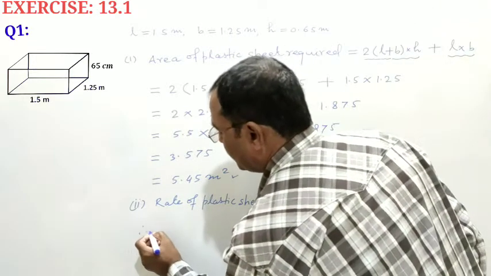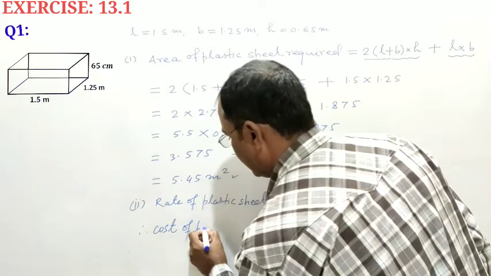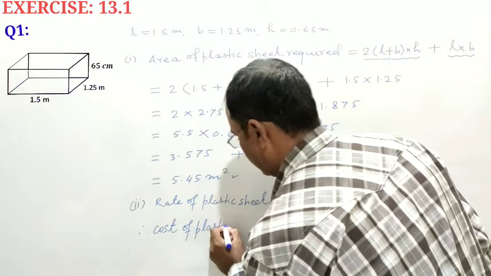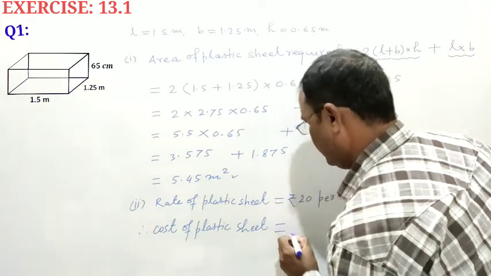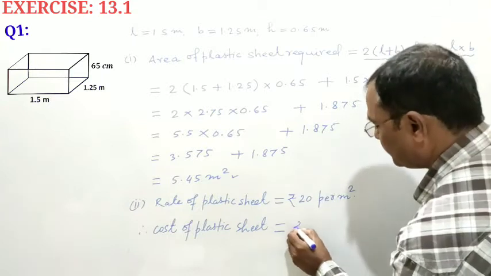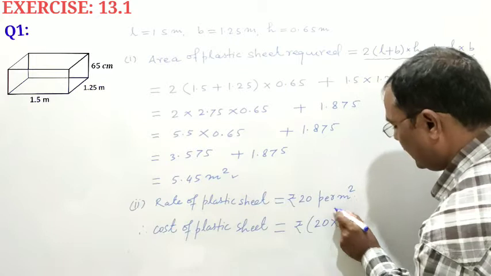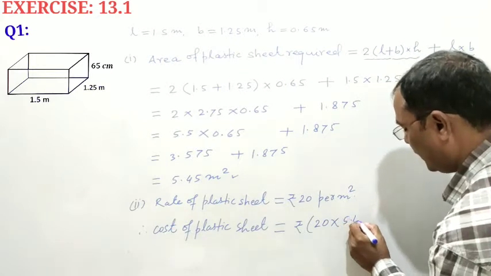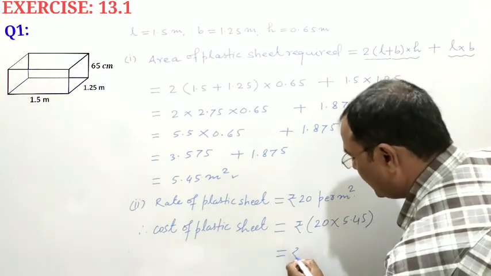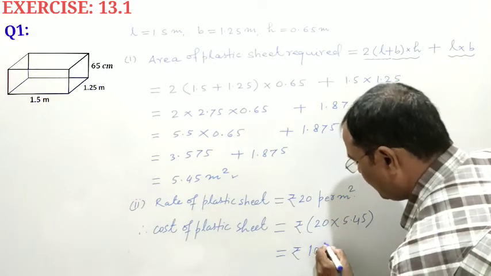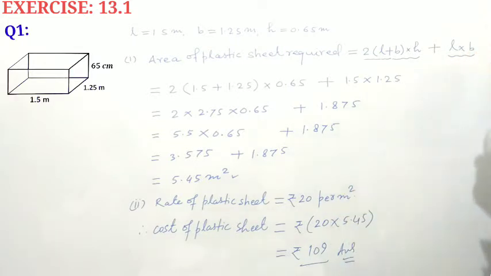So therefore cost of plastic sheet is equal to rupees 20 into 5.45, and this is equal to rupees 109, and this is the answer.